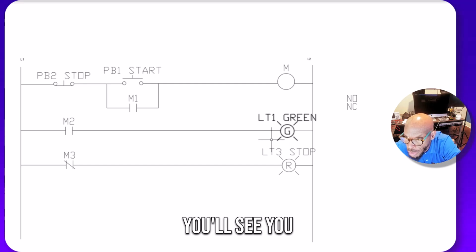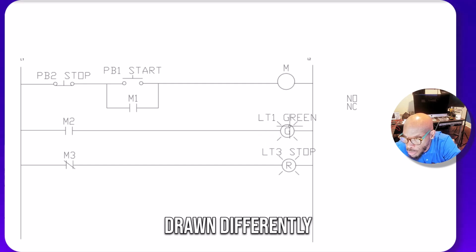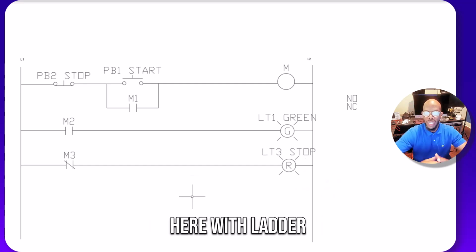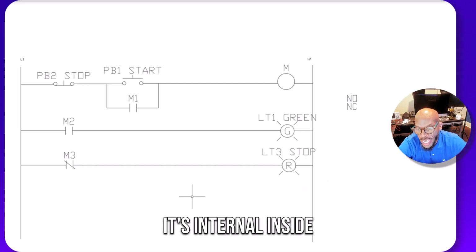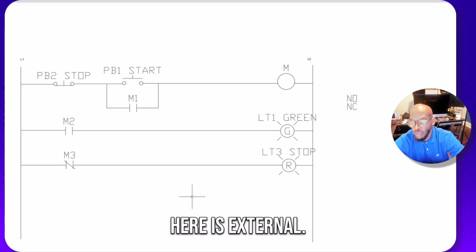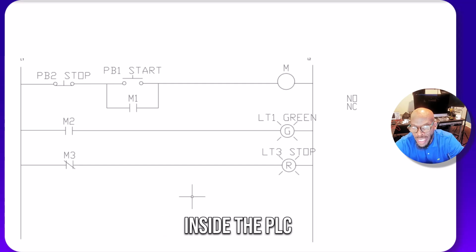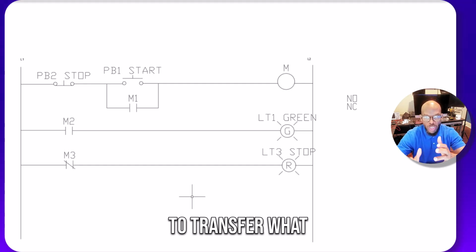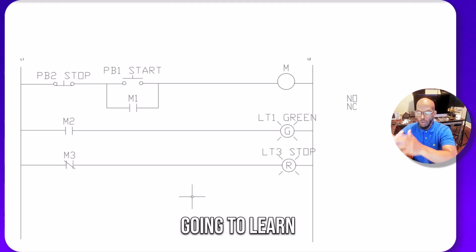They may be drawn differently, because ladder logic is internal inside the PLC, while this stuff right here is external. So the programming inside the PLC is different, but you have to know how to transfer what you learn here to what you're going to learn in ladder logic.